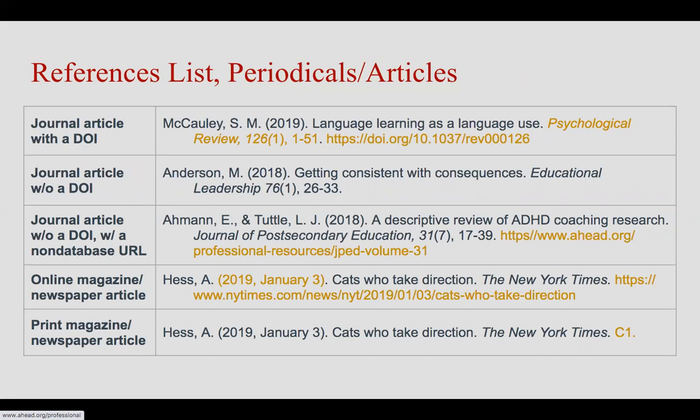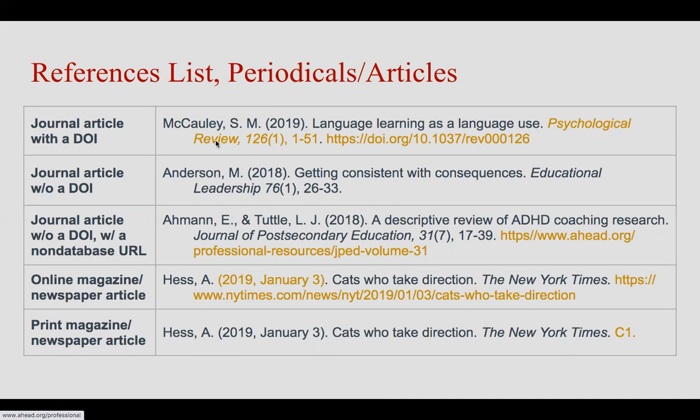And now instead of putting DOI and then the number, you would use the URL address for the DOI. So this shows the author's last name, comma, first and middle initials, period, publication date, in parentheses, period, and then the title of the article, period, followed by the title of the journal in which this article is found, comma, you've got your volume number and the issue number for the journal.